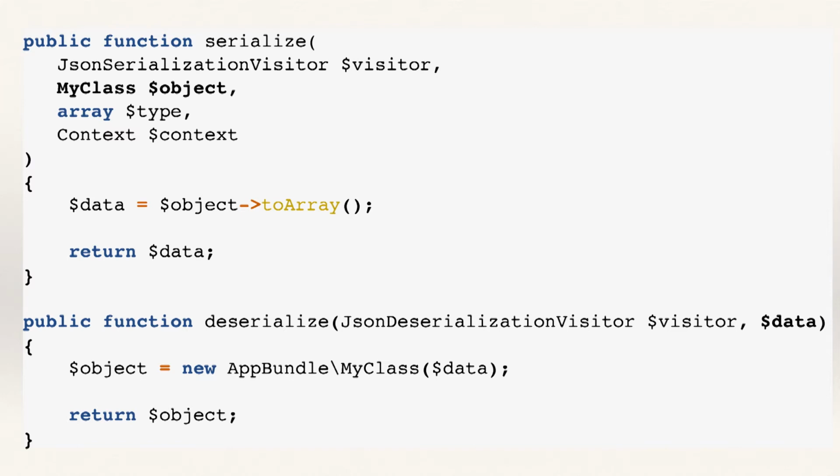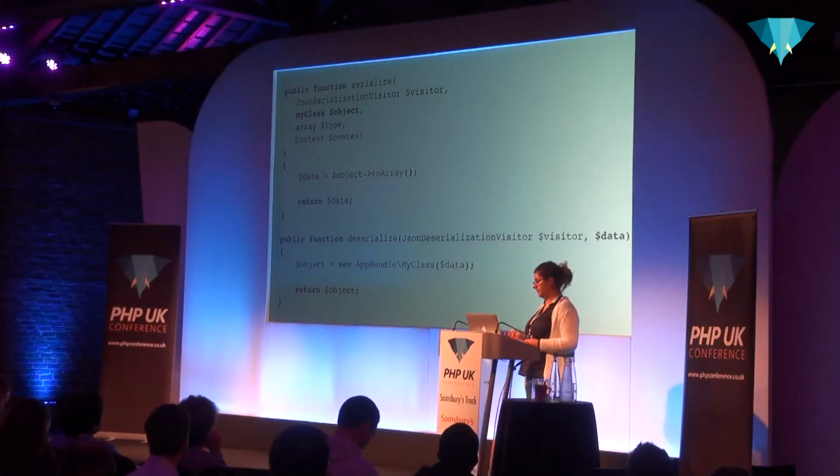Serialization is about getting an object and putting it in an array. And on the other side, it's about getting data, an array, and returning an object. So you can implement the logic that you want, the way you want. So it's really nice.